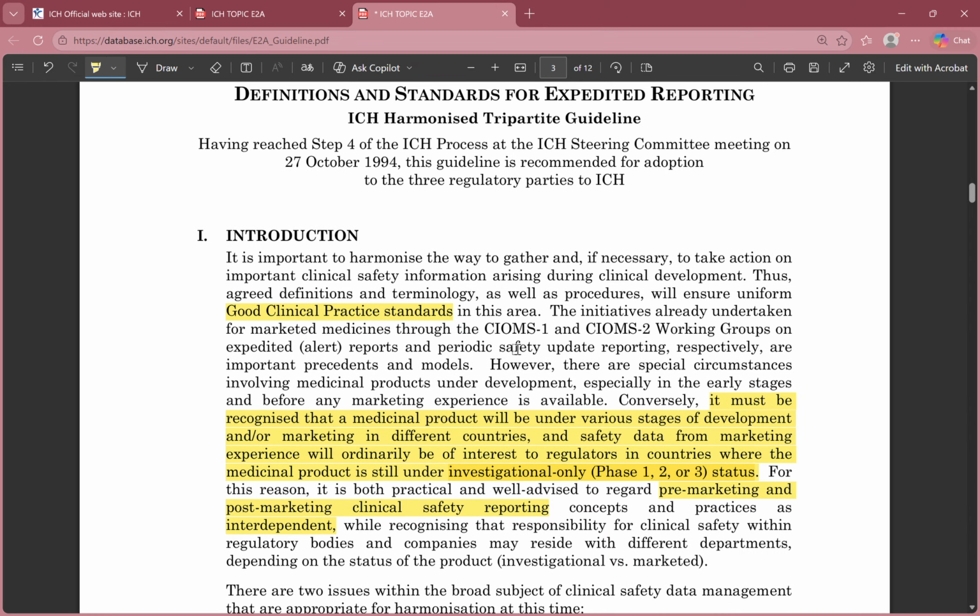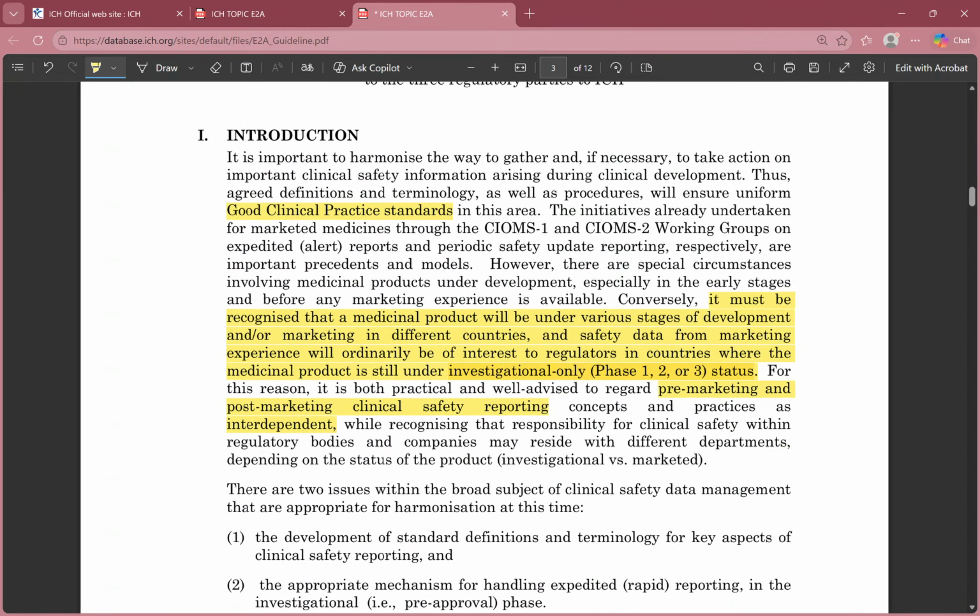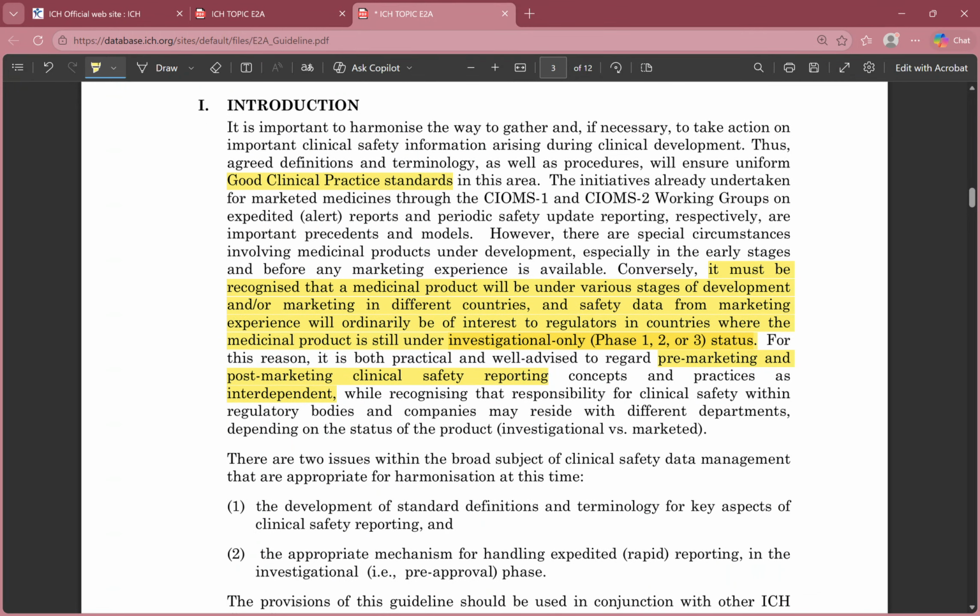I've highlighted a few of the points here in the introduction section. Overall, you can go through the guideline by yourself, but I would like to summarize some of the introduction because that's a lot of text and I can't read all of that in a short video.